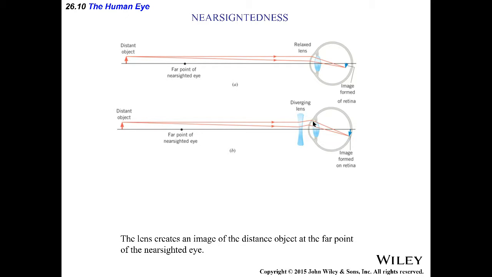It is now a little bit more diverging. And so now it will take a longer distance for your poor, defective human eye to focus it onto the retina. Well, but that's what the retina says. I want to see it clearly. And so you should wear a diverging lens.